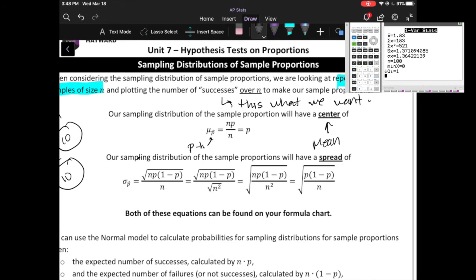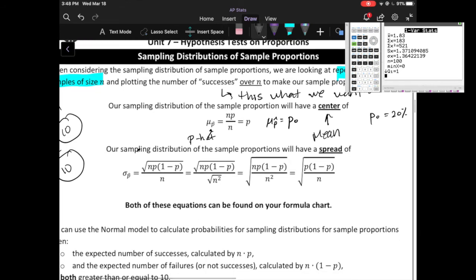You read this as p hat is equal to n times p over n, which is equal to p. So mu of p hat equals p naught. Okay, and p naught is the proportion that we are claiming in the problem. So for example, in the M&M problem, p naught is 20%.